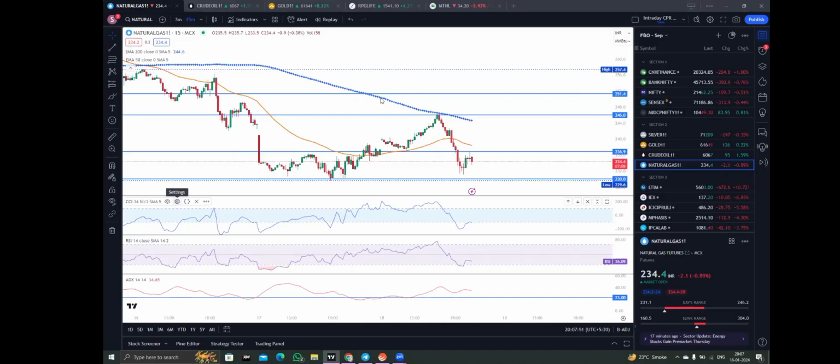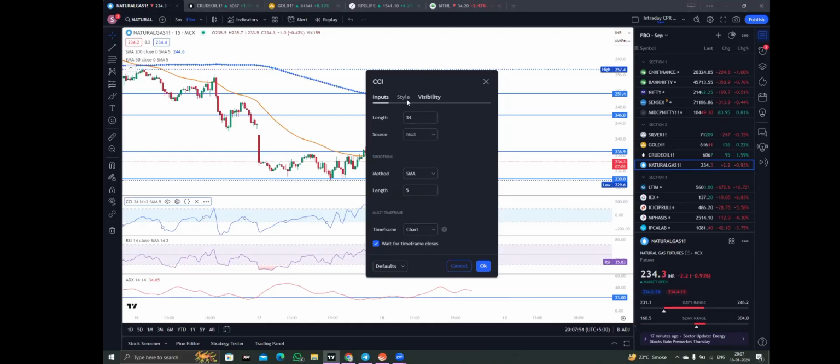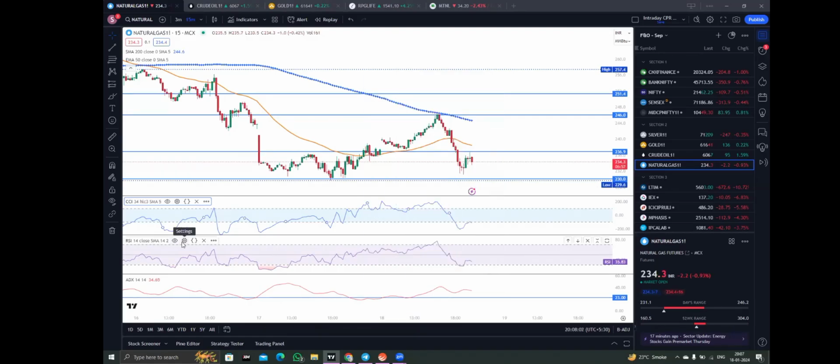CCI को हमने length 34 किया है. That is the only change we did, right? In CCI, RSI is the default 70 and 30, right? With 70 being the overbought and 30 being the oversold zone.